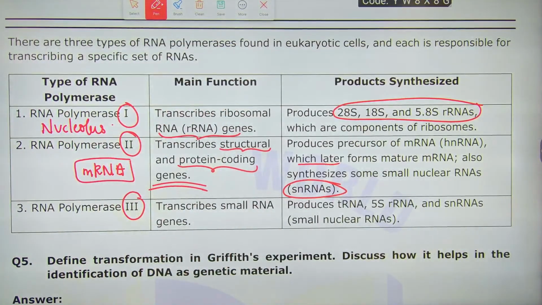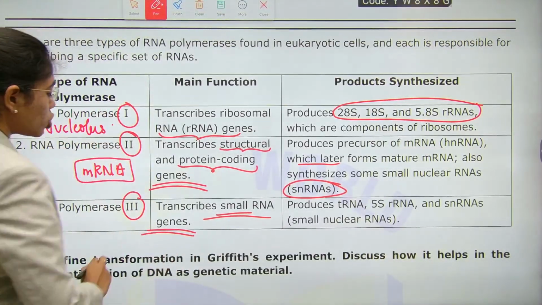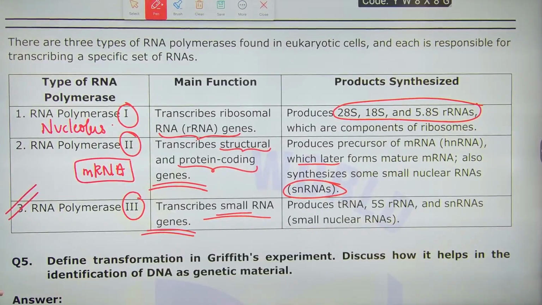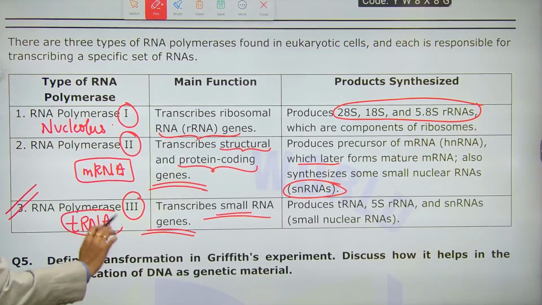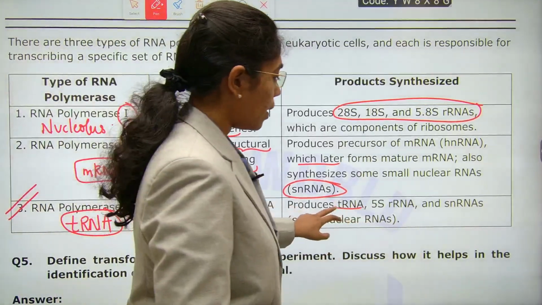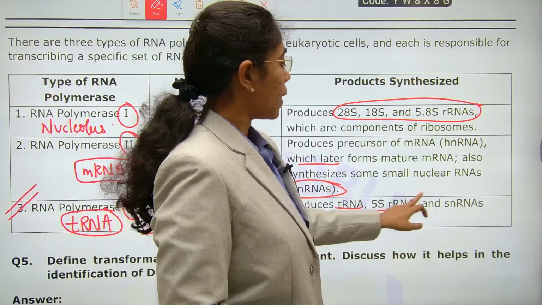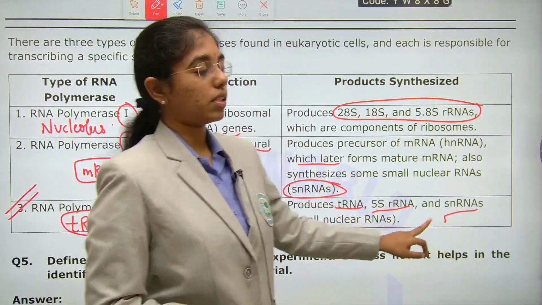And then you see RNA polymerase 3. This transcribes small RNA genes. RNA polymerase 3 also synthesizes what is known as soluble RNA. This produces tRNA, 5S rRNA and some snRNAs, which play a major role in splicing. Right.